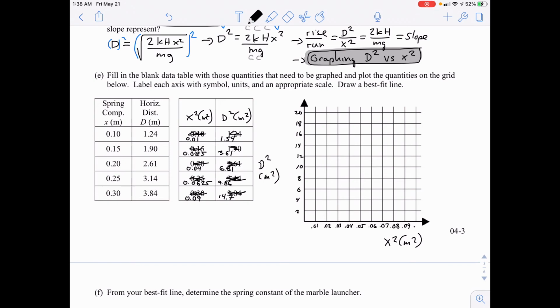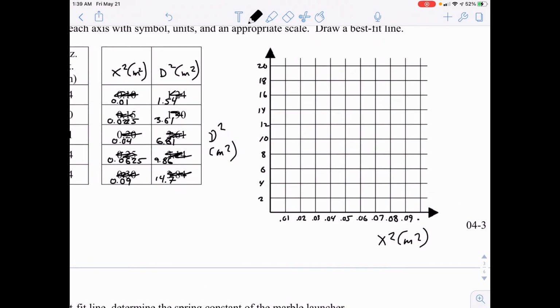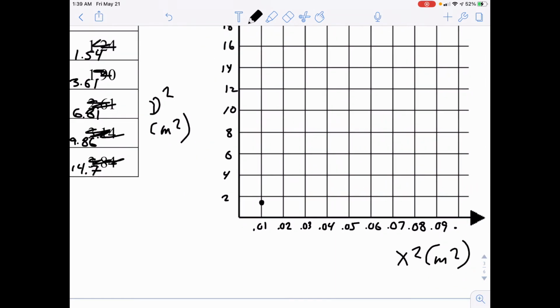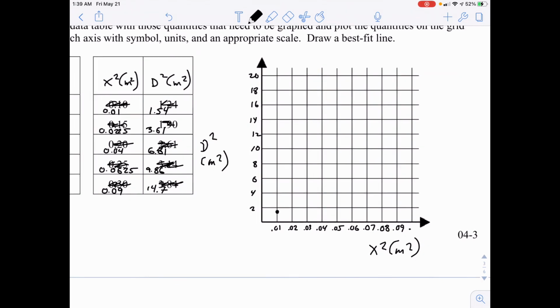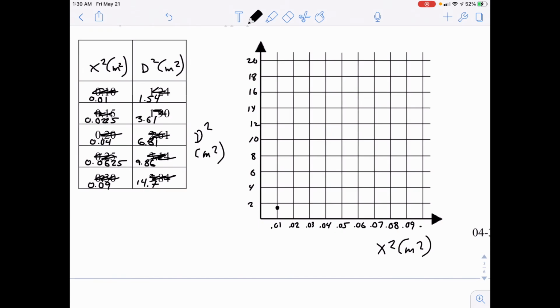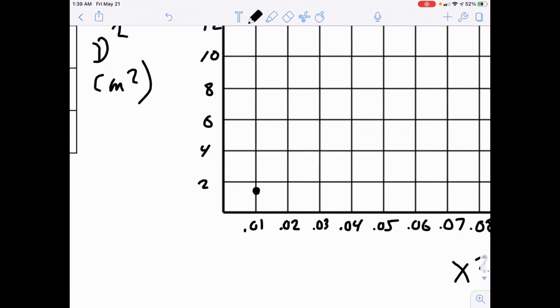Now you're going to plot. So your first plot point, we're going to go over 0.01 and up about 1.5. First data point's about right there, roughly. Again, you're estimating. Next, you're going to go over about 0.02 and a quarter, and up a little over 3.5. So here's 0.02 and a half.